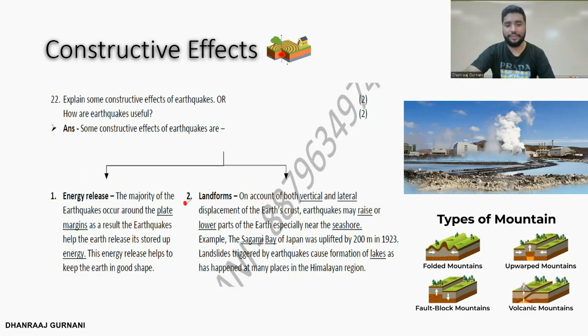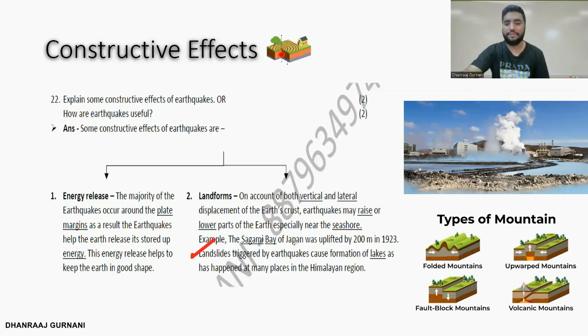Second one, landforms. On account of both vertical and lateral displacement of the earth's crust, earthquakes may raise or lower some parts, especially near seashores. We had one example before, that was Dwarka getting submerged. Here we have another example.